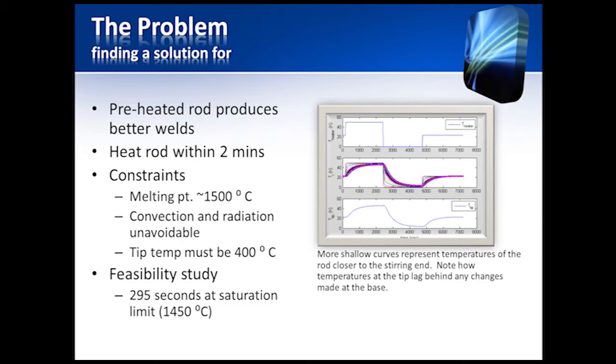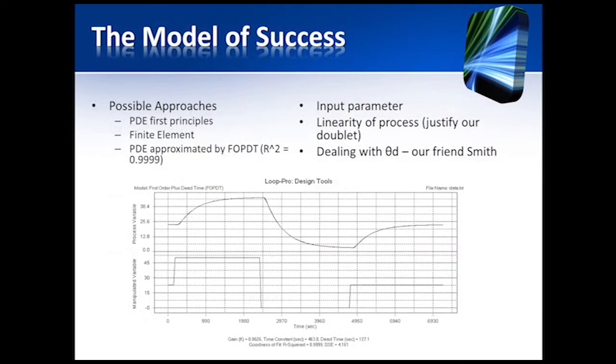So as far as our best possible case, first we fit our model. There was a little bit of confusion there. Our first thought was to use a partial differential equation to solve the energy balance explicitly, but that was kind of messy.